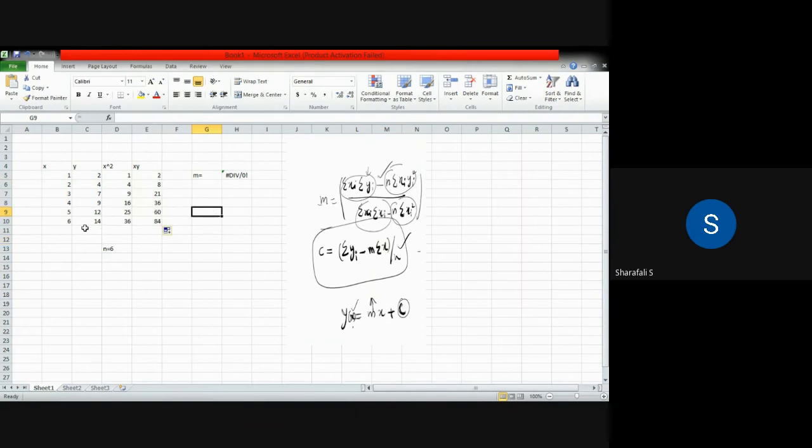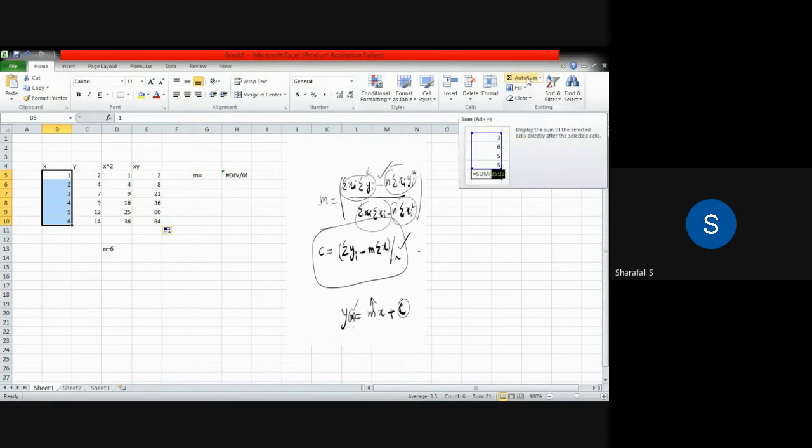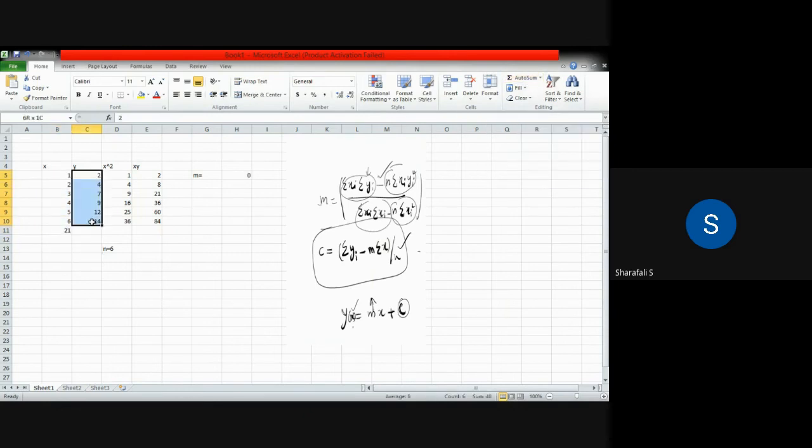Now if I want the sum of x, that is sigma xi, just select the whole column and press auto sum, which gives the sum of all those values. Similarly, the sum of y is 48, the sum of x square is 91, and the sum of xy is 211.